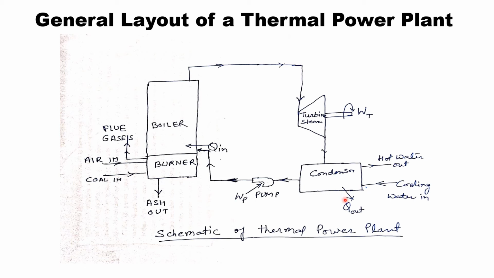In condenser we remove the energy of exhaust steam, and here we get the Q out, and work is also given to the pump for its working. So this is energy in, this is energy out, this is work out, this is work in. This is basic working of any thermal power plant cycle.